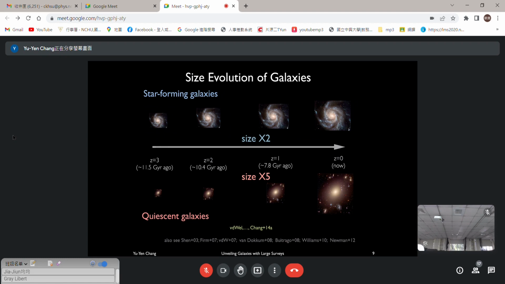For quiescent galaxies, the difference is much larger, about 5 times smaller in the past. So today our galaxies are much larger, and in the past the galaxies are smaller, which means they are more compact.